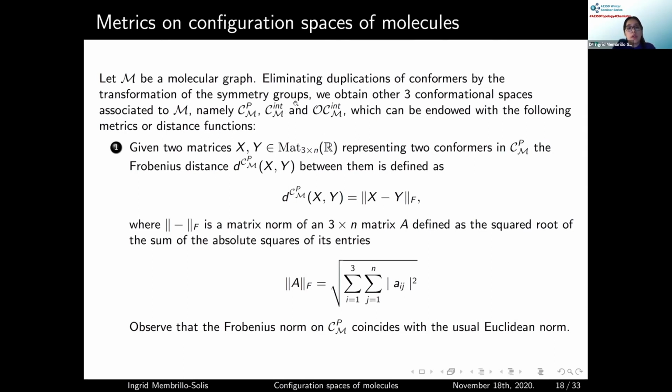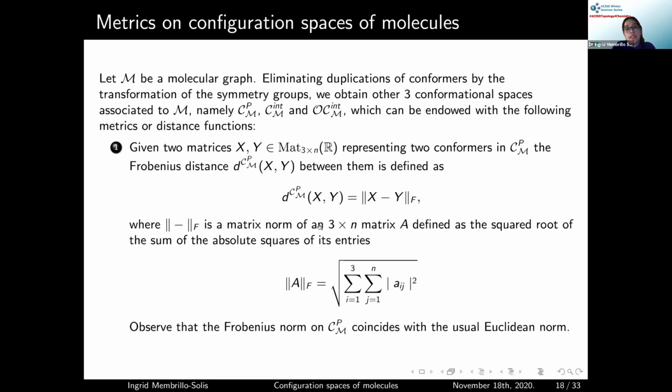So far we had said that these are just sets of molecular graphs or conformations of molecular graphs, but we can endow these sets with a metric, and depending on the type of conformational space, the metric will be different.